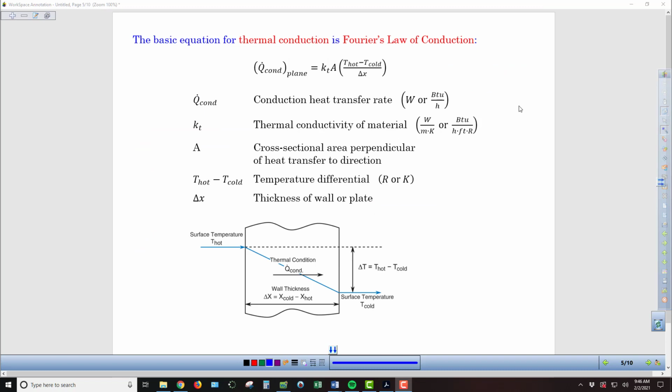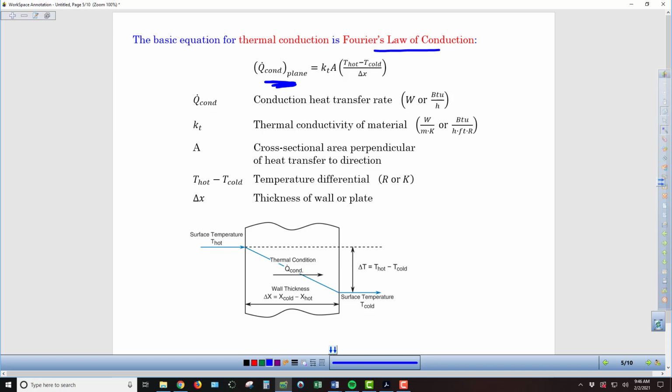So each of these different types of heat transfer has its own equation that governs its behavior. And so in the case of thermal conduction, we have Fourier's law of conduction. And so we've got some new types of variables that are presented to us that we need to make sure that we're familiar with. So the heat transfer variable Q with the dot above it is indicating that it is a rate.